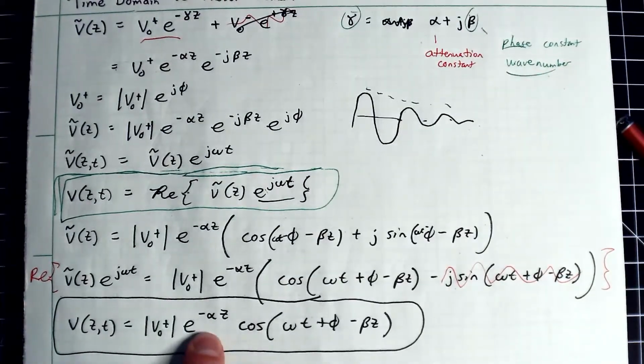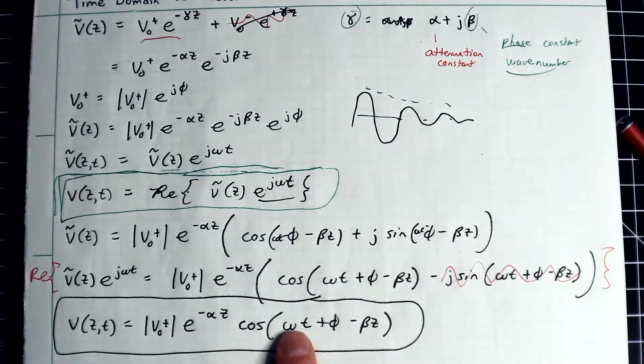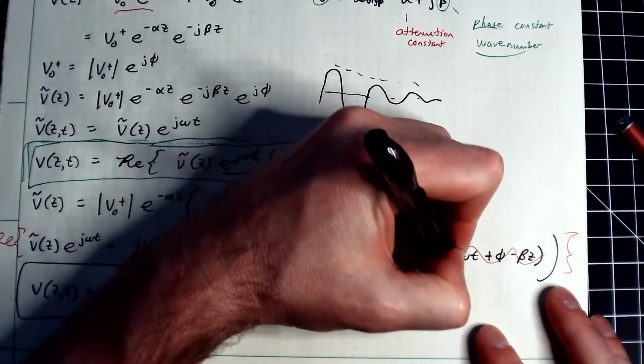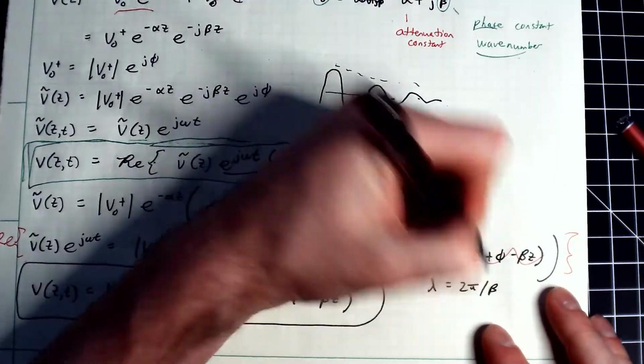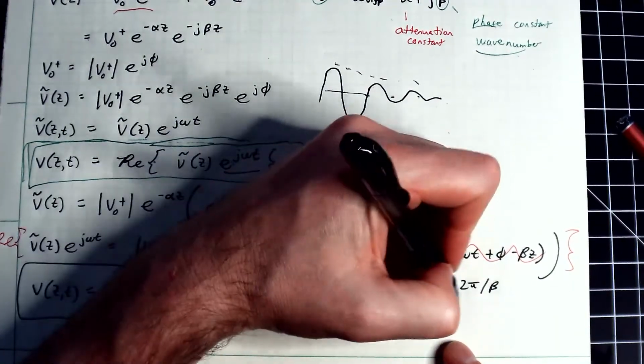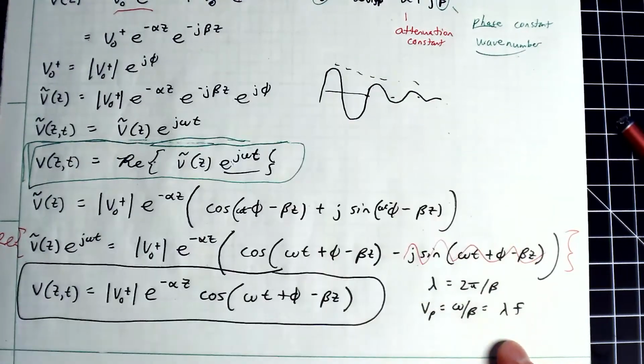And so you see the real part of your propagation term represents an exponential decay. Then I have my propagation constant here with my frequency. And then, of course, all the usual rules of sine waves apply after this, where the wavelength is equal to 2 pi over beta. I also have a phase velocity that is omega over beta, which will also be lambda times my frequency.